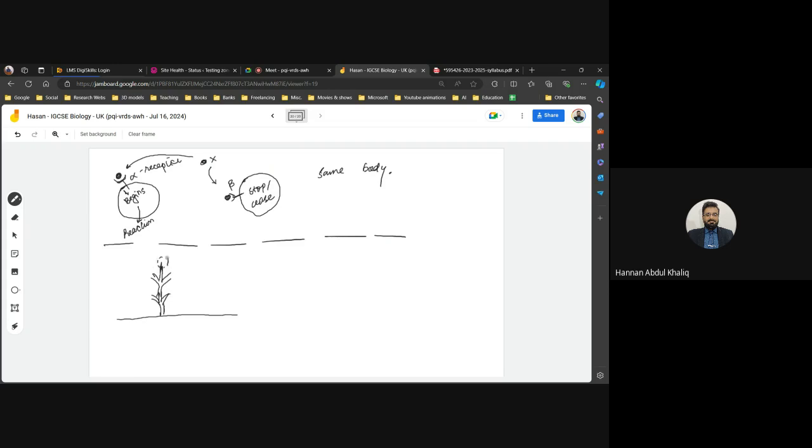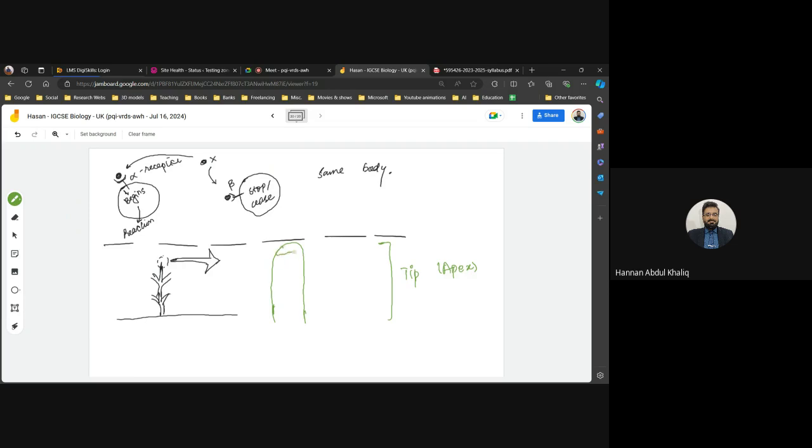When you observe this particular part, you would come to know about a very strange detail, and that is the plant tip. The plant tip is called the apex.